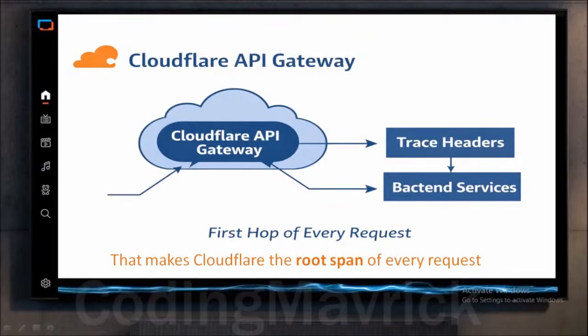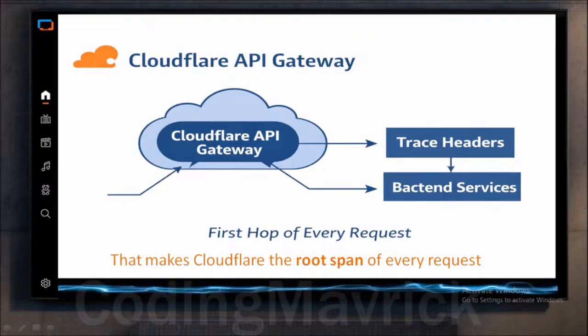Now viewers, with all this, we find out what is the role of Cloudflare. Viewers, in our architecture, Cloudflare Workers act as the API gateway and the root of the trace. It is the very first system that receives the user request.